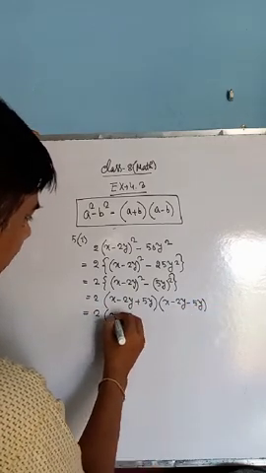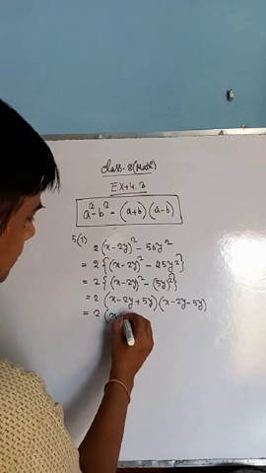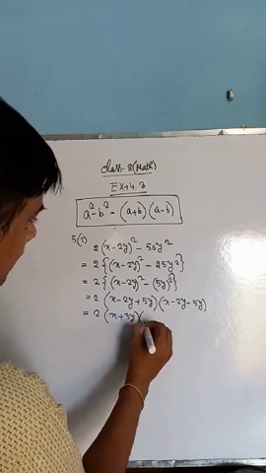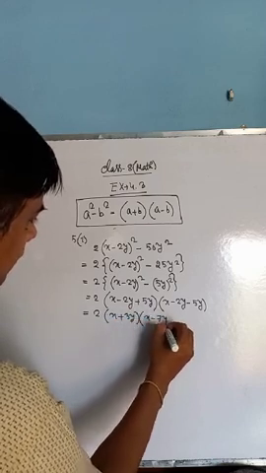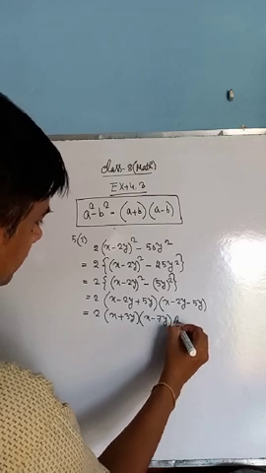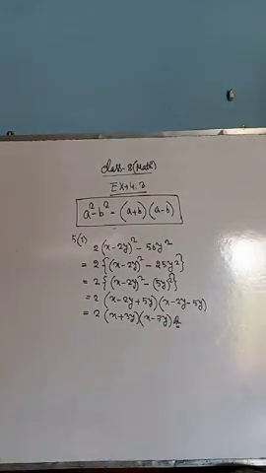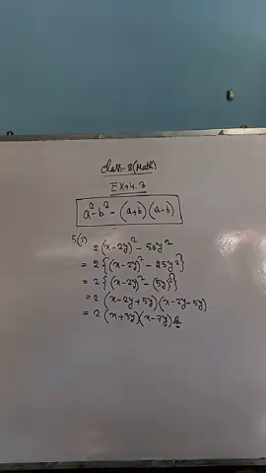So x minus 2y plus 5y, that is x plus 3y, and x minus 2y minus 5y, that is x minus 7y. This way you can solve the problems from there. Okay, a little critical compared to the previous math, but if you focus on the equation, then you are easily able to solve it.